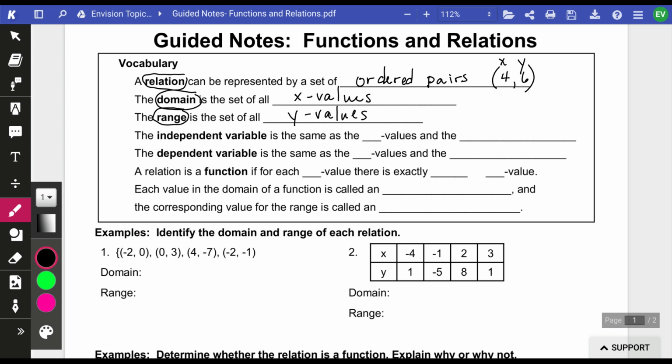The independent variable is the thing that happens because it happens. The independent variable is the x value. Sometimes, in certain conditions, it's also called the input. It's also called the domain.